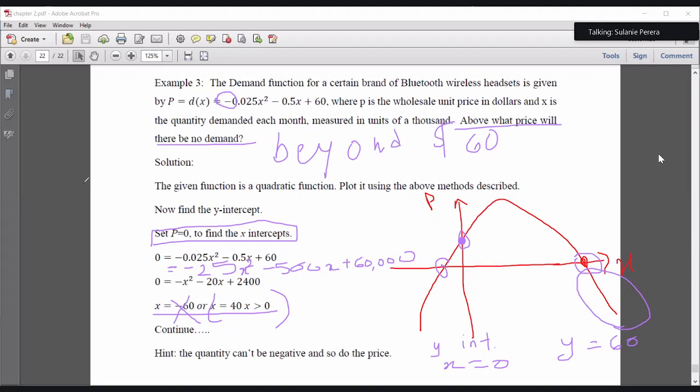So this is the end of chapter 2. Do you all have any questions from this? If not, I have one more thing to do in chapter 2.